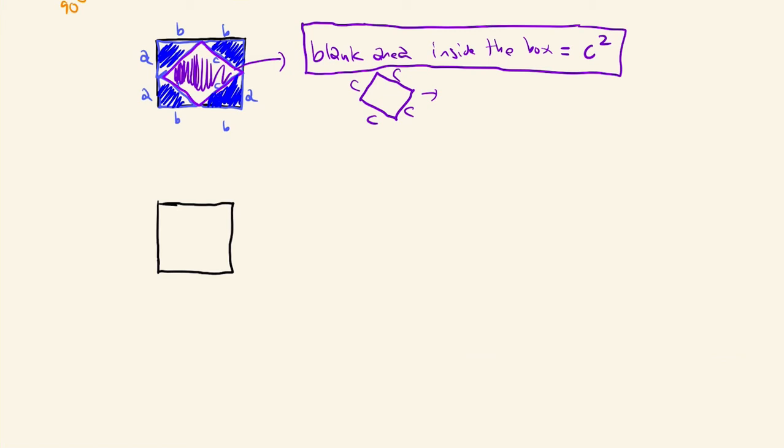So now, we are going to stack these blocks like so. Okay, so this is side length B. That's side length A. So we just rotated them. So that's A and that's B. And then there in the center there, that's C.